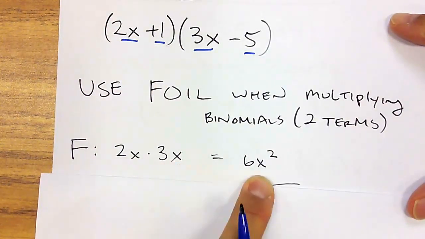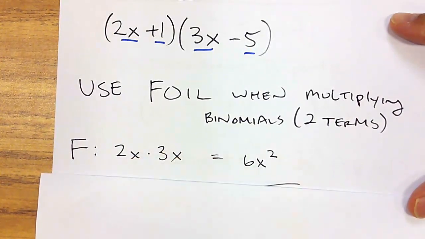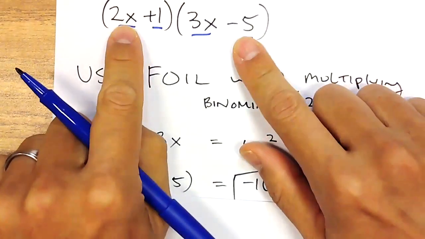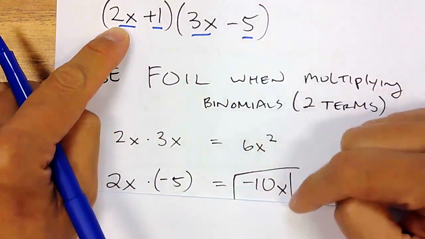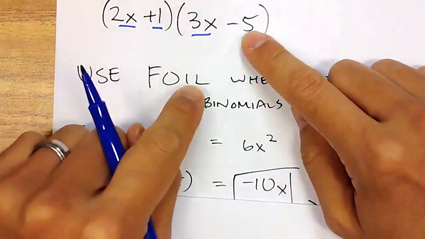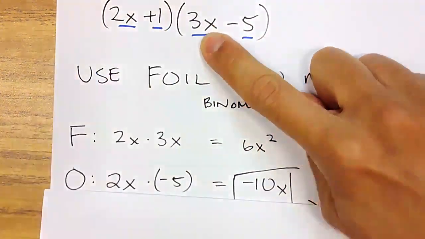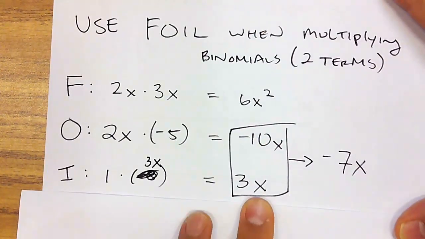2x plus 3 times 3x minus 5. 2 times 3 is 6, x times x is x squared. O in FOIL is outside, so the outer terms here is negative 2x times negative 5, which is negative 10x. The I in FOIL is inside, 1 times 3x, which is 3x.